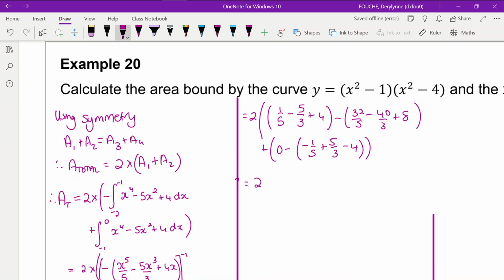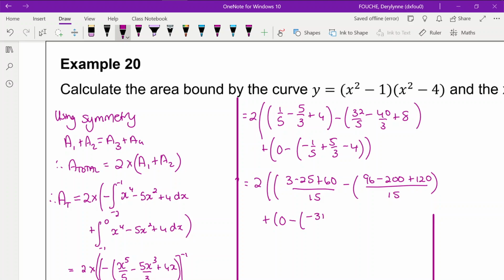And I'm going to need to get some lowest common denominators. So I have 3 minus 25 plus 60 over 15, minus 96 minus 200 plus 120 over 15. And to that I am adding 0, take negative 3 plus 25 minus 60 over 15. Can you see how important it is not to mess up your signs?